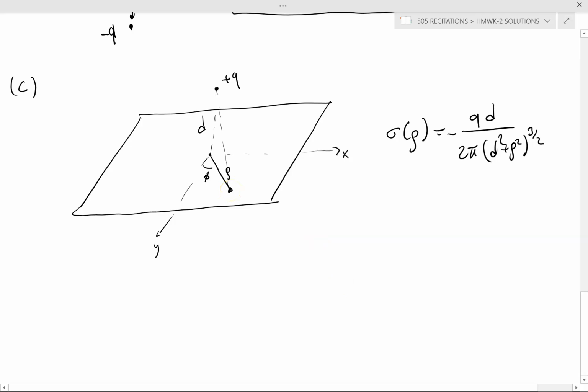Let's say we have this surface charge density, so on an area of dA, I have rho dA total charge, and dF is equal to rho dA multiplied by Q divided by 4πε0 (d² + ρ²). That's the answer, right?